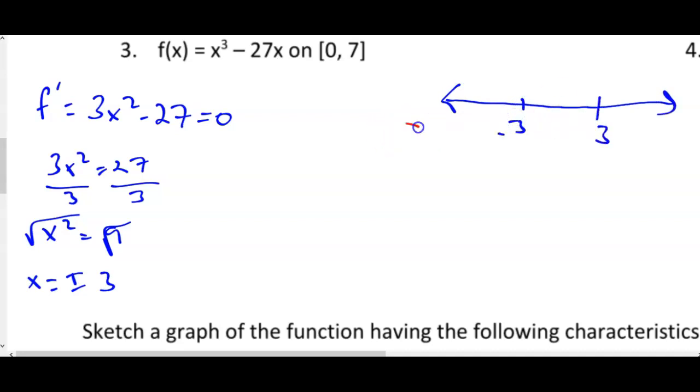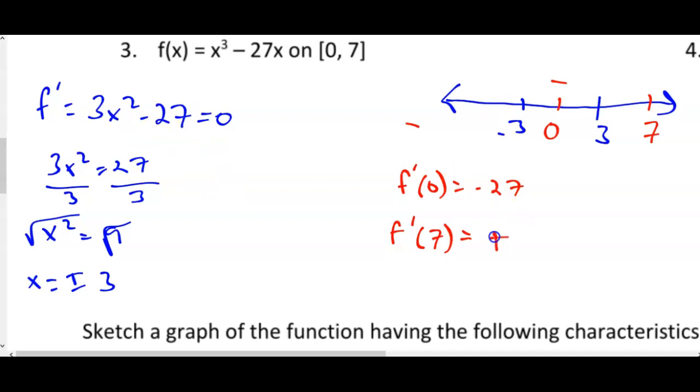All right, so remember, we got to use these values right here, 0 and 7. So I'm going to do f prime of 0. Plugging in right here, that's negative 27. And f prime of 7 is going to give us 49 times 3.